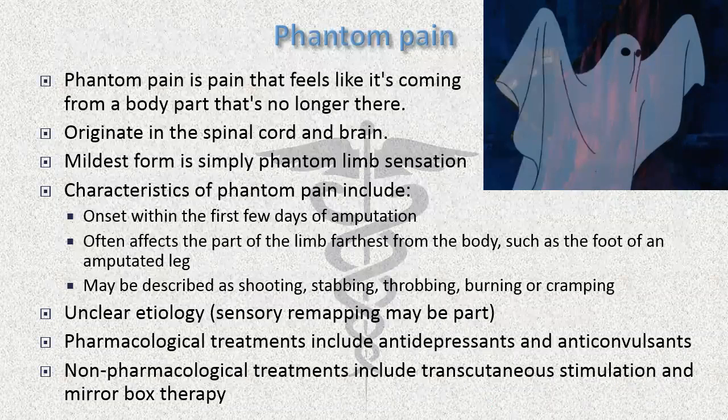The one I think is the most interesting is this mirror box type approach, which is where, for example, if you have a missing hand, we'll put it into a box. There's a mirror that basically creates a mirror image of that.